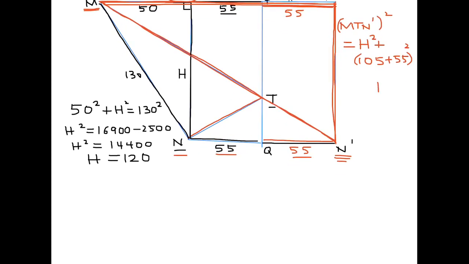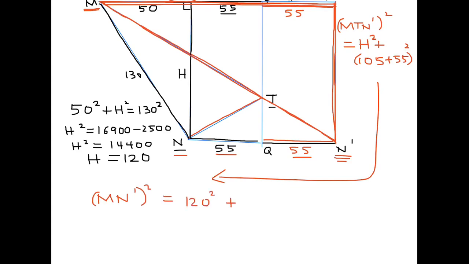So I'll bring this over here. So we've got this MN squared, this line, is equal to h squared, 120 squared, plus 105 plus 55, which is 160 squared, like that.